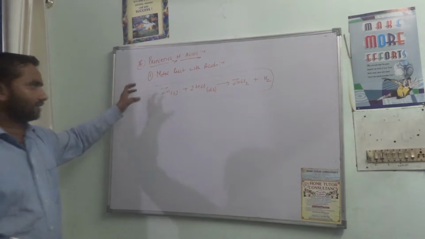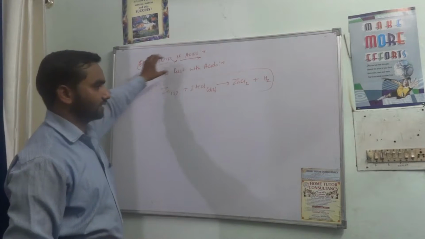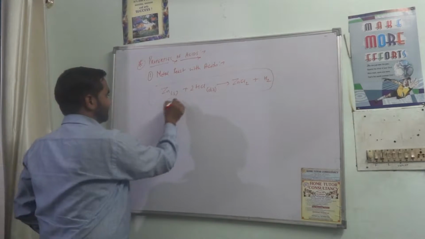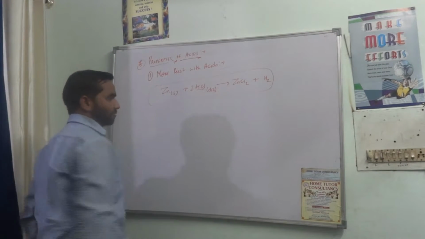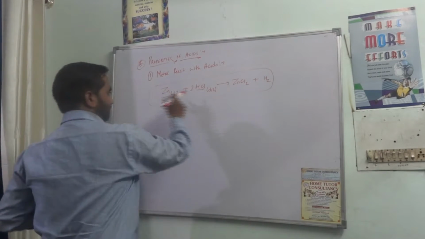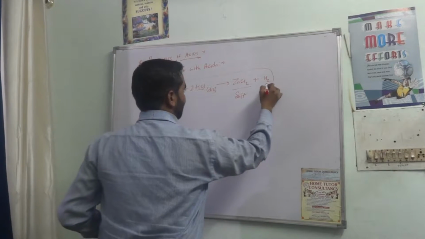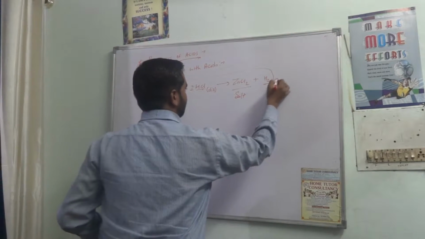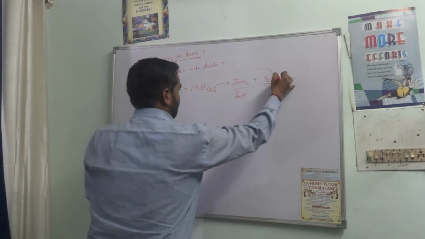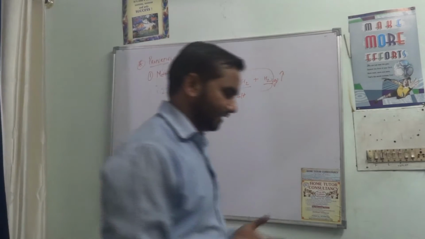This is the common reaction for how acids react with metals. Here Zn is a metal and HCl is hydrochloric acid in dilute form. They react to give ZnCl2, which is a salt, and H2, which is a gas evolved in this reaction.